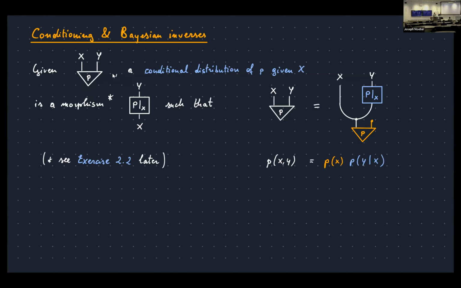Okay, so here's the formal definition. A conditional distribution of P, in this case given X, but of course you can also do it the other way around, is a morphism that you write like this from X to Y, usually random, such that this joint is the same thing as you just take the distribution over the first element and marginalize here, so discard the other one, keep your X, and regenerate Y using your newfound morphism.